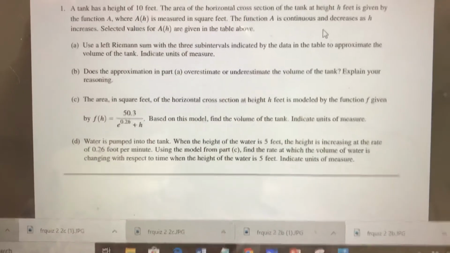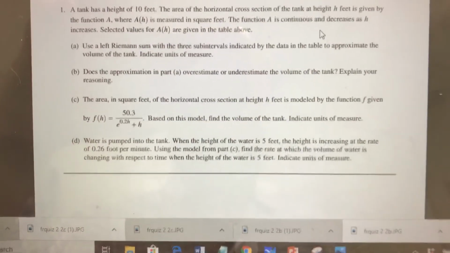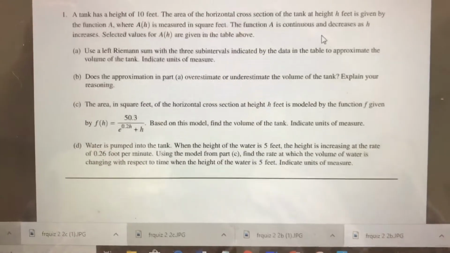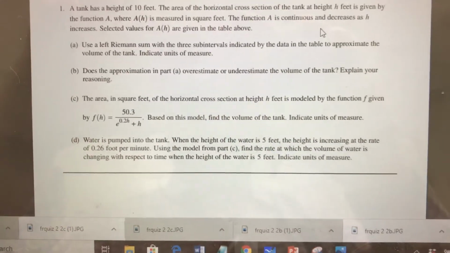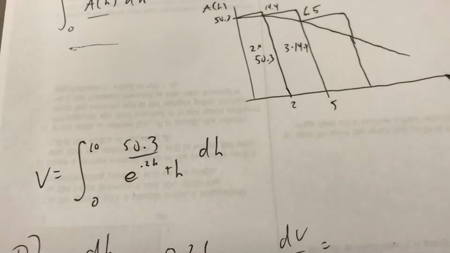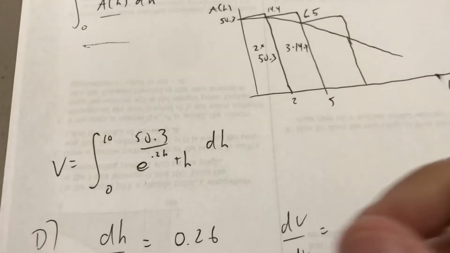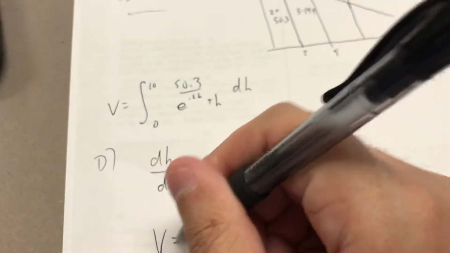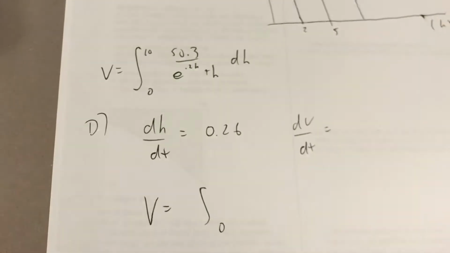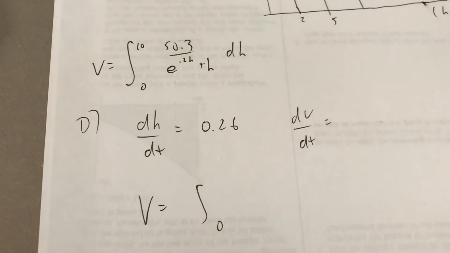If you go back here, we created a volume function in the previous problem. That was a volume function, right? But that's the entire volume. We really want to do a volume from 0 to some set height.